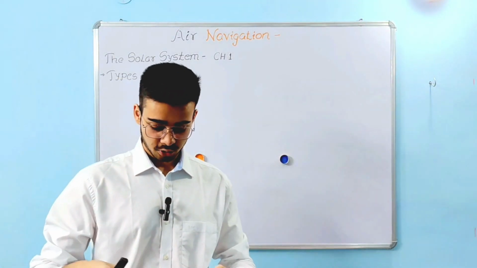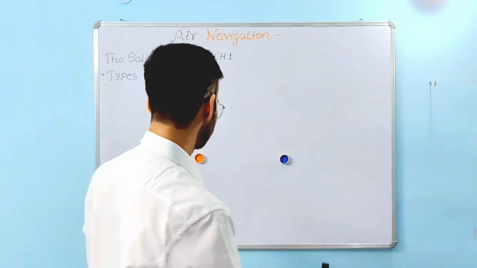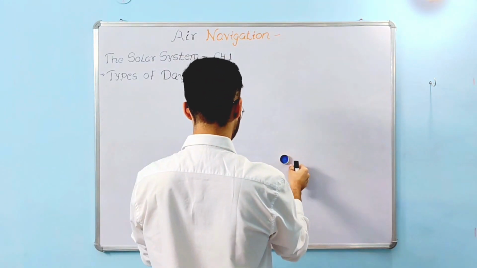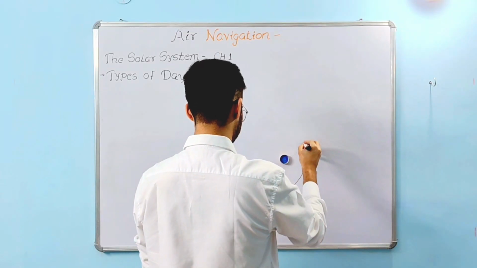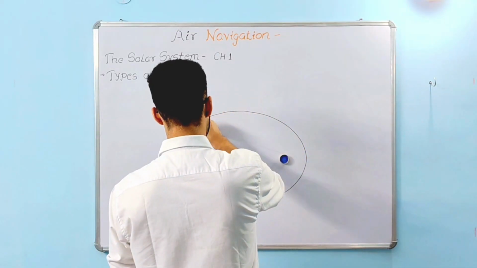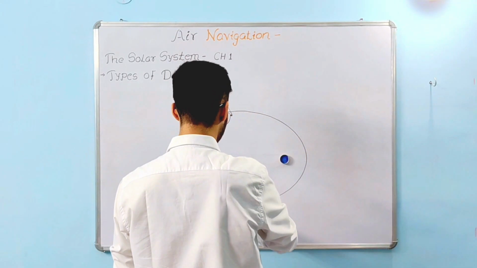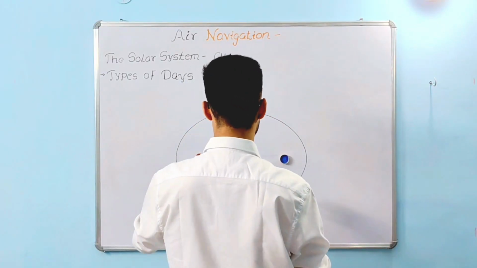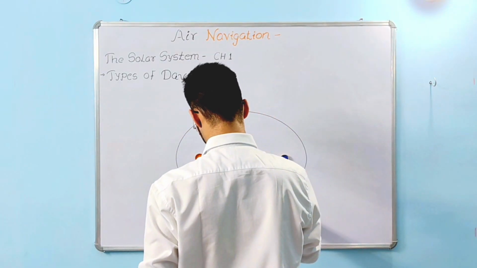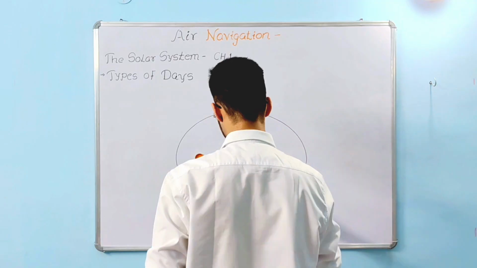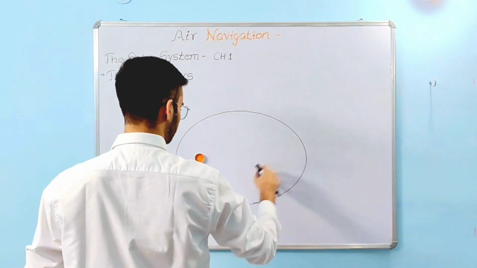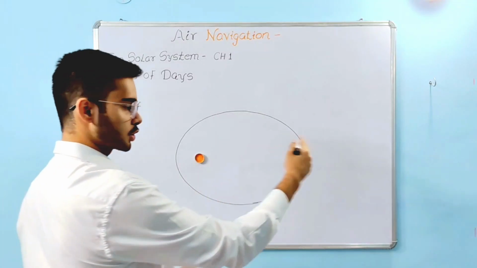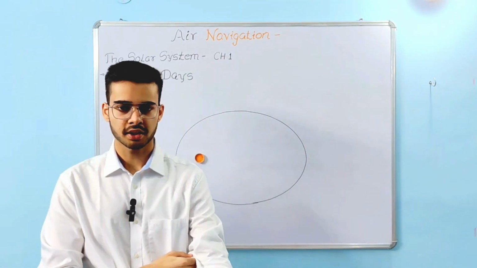I'm again using the two foci and a string to draw it. So this is the orbit of our Earth.